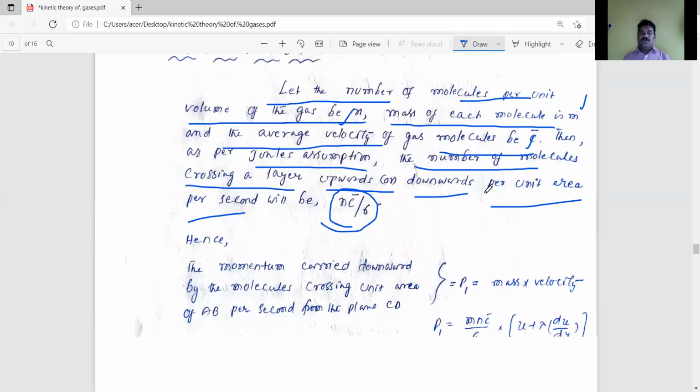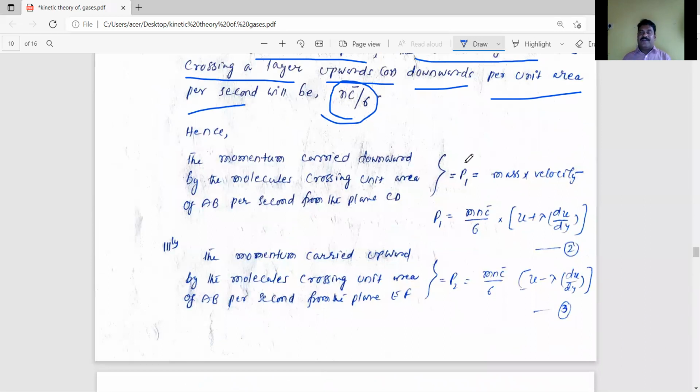Okay. Now, what is viscosity? The transport of momentum from the higher velocity region to the lower velocity region, or from the lower velocity region to the higher velocity region. The transport of momentum like this in downward and upward directions. Okay, now we can write it in that manner.